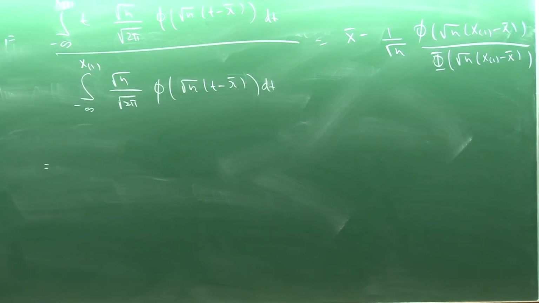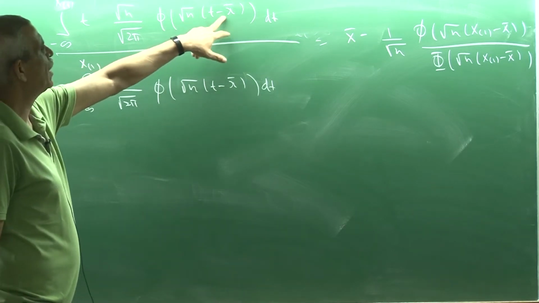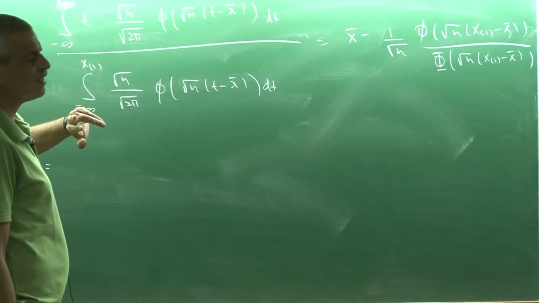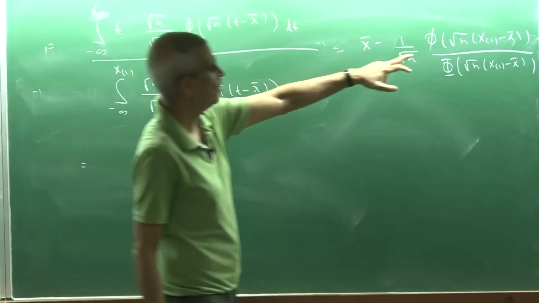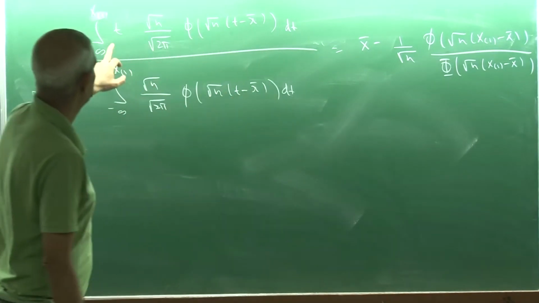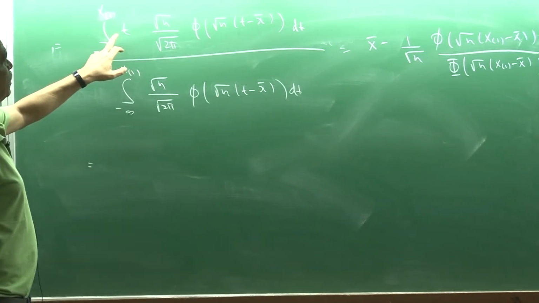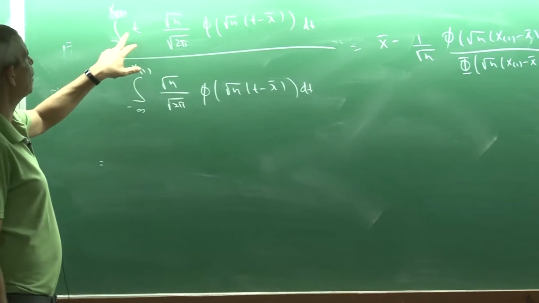So to do this, let me just give you a hint. I make the transformation root n (t minus x bar) equal to z. Right? Range becomes root n (x1 minus x bar), and that is how this root n (x1 minus x bar) is coming. Then some distribution function will come, and then phi z.